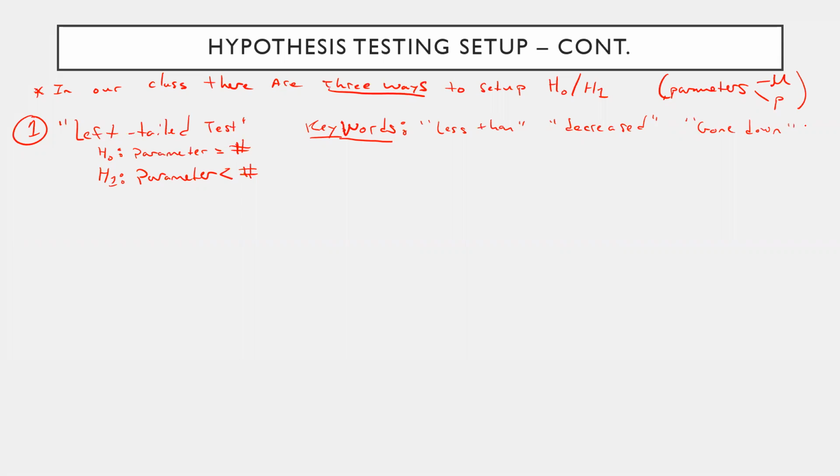So looking back at how I set up this class, I said, I think that WCC students watch, did I say more or less TV than the 20 hours? You said less. So our first example we're gonna do is gonna be this left-tailed test.